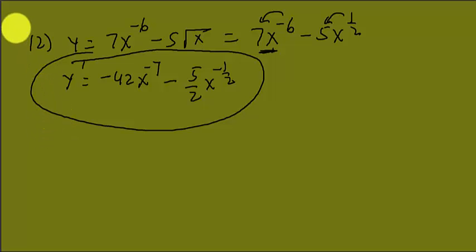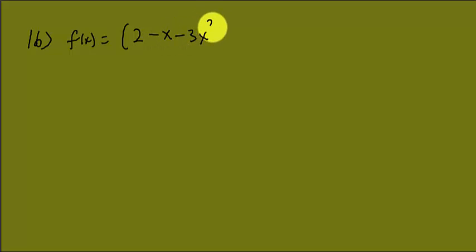Okay, so let's hop, skip, and jump, and let's get to problem number 16. You're given f of x is equal to 2 minus x minus 3x to the third, times 7 plus x to the fifth. Now you can multiply all this out, do the algebra, and then take a derivative. That's too much work.